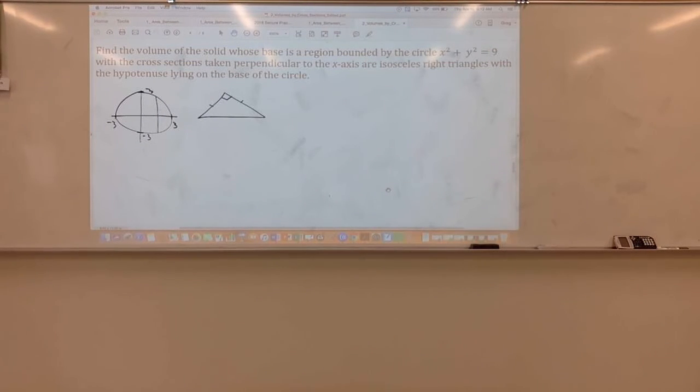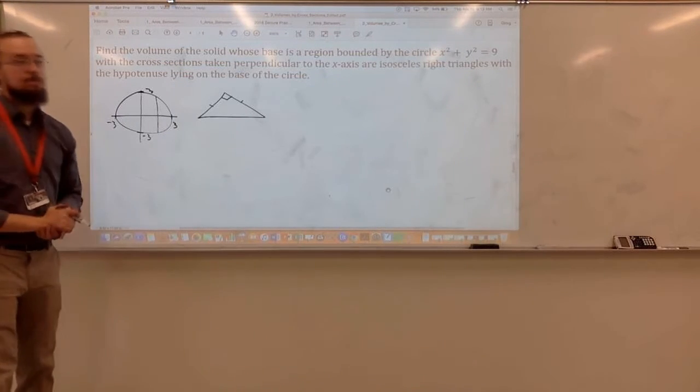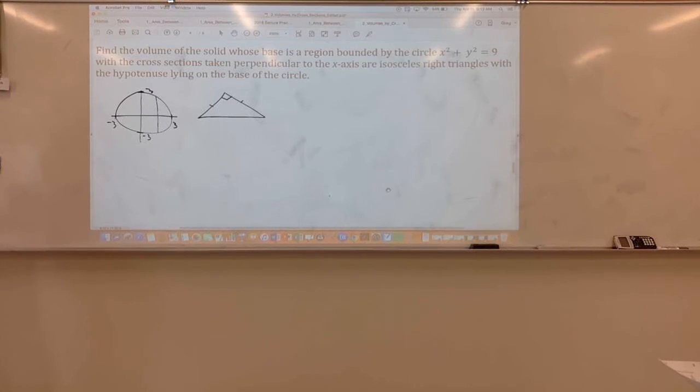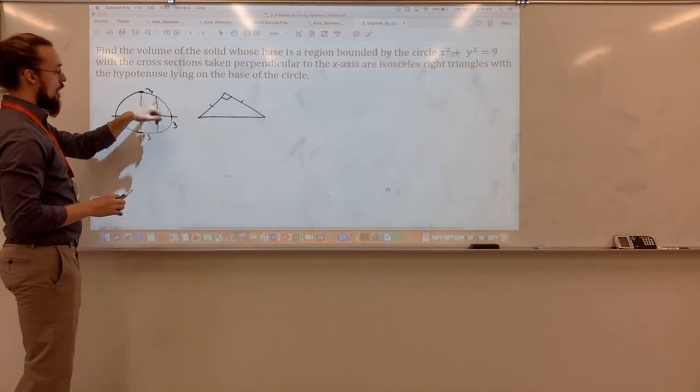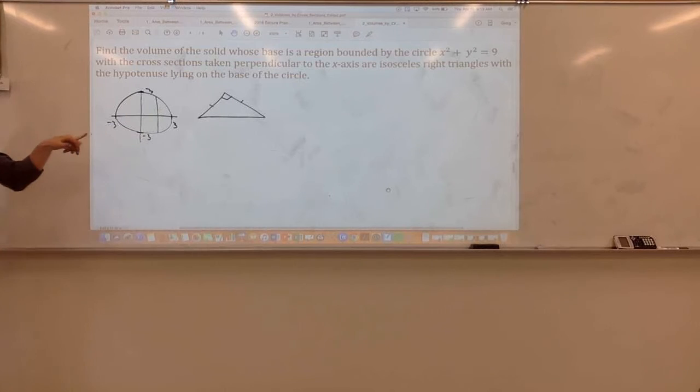How could I express that? So if we want to think about top function minus bottom function, what's that?